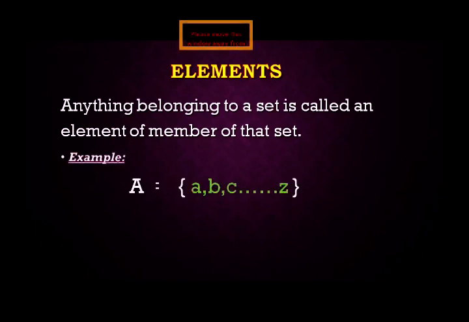Example, A equals to A, B, C till Z. So these all are the members or elements of set A. This A represents the set name, that A is a set, and the elements which are written inside these braces are known as the members or elements of set A. So this represents elements or members of a set.